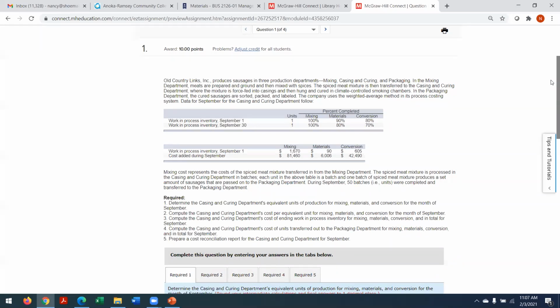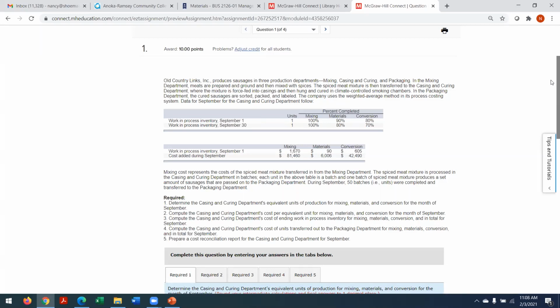The spiced meat mixture is then transferred to the casing and curing department, where the mixture is force-fed into casings and then hung and cured in climate-controlled smoking chambers. In the packaging department, the cured sausages are sorted, packed, and labeled. The company uses the weighted average method in its process costing system.